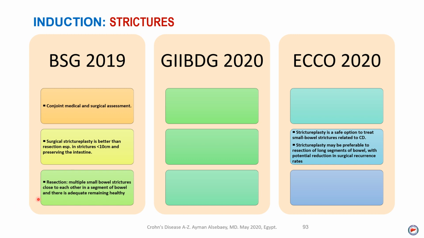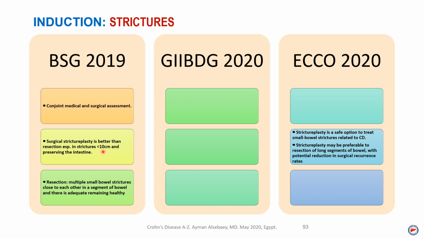But proceed to resection when you have multiple small strictures close to each other in a segment of the bowel, and the remainder of the intestine looks healthy. If the stricture is less than 10 centimeters, we can do strictureplasty. If there are multiple strictures close to each other, you can do resection.